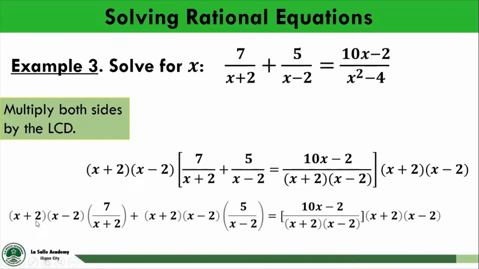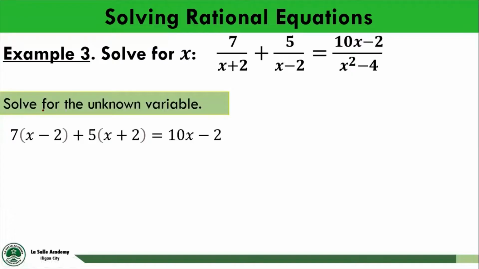Now we can use the canceling method. Let's cancel x plus 2, and then we also have x minus 2, and then x plus 2, and x minus 2. So our new equation now becomes 7 times x minus 2 plus 5 times x plus 2 is equal to 10x minus 2.